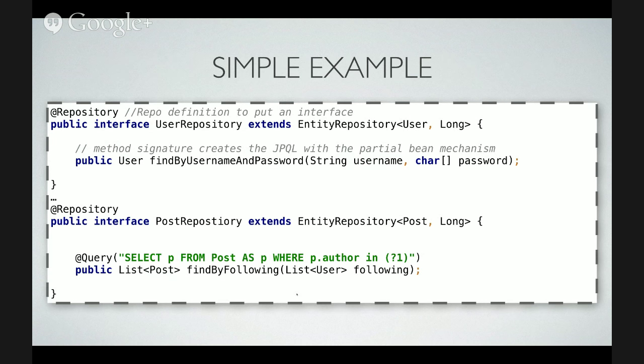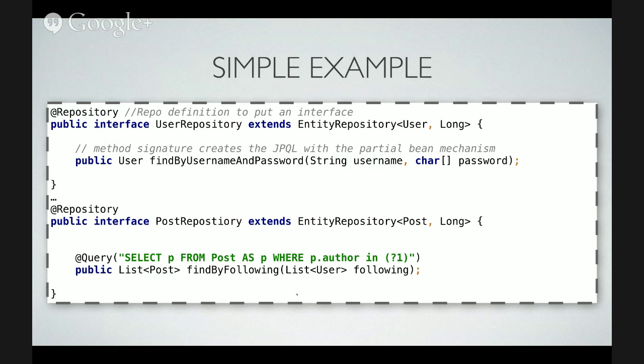This interface extends EntityRepository, which takes two type parameters: the class you want to store in your repository, here it's User, and the type of the primary key of your User class. After that, you can add methods to request your objects from the database.